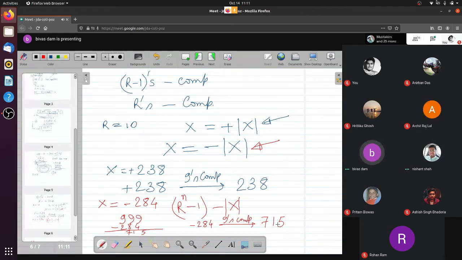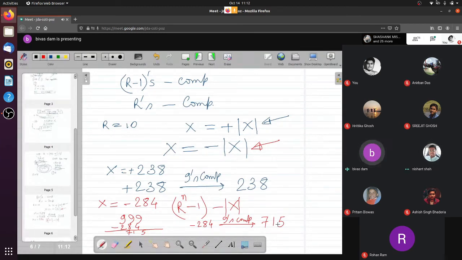That will be the mathematical equivalent to as if you are subtracting from R to the power n minus 1. Isn't it? Clear or not? Yes, sir.